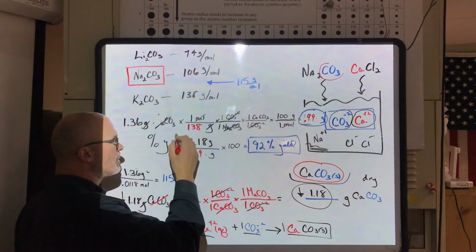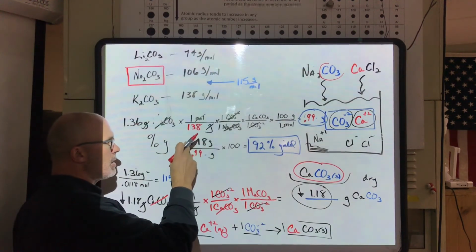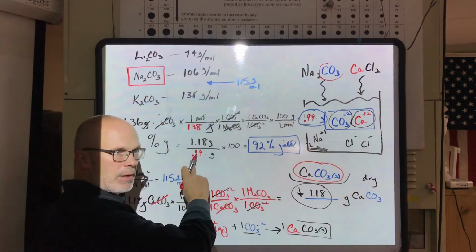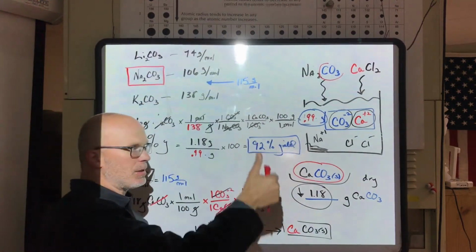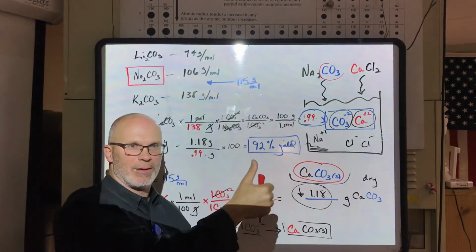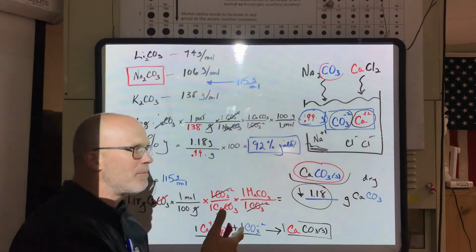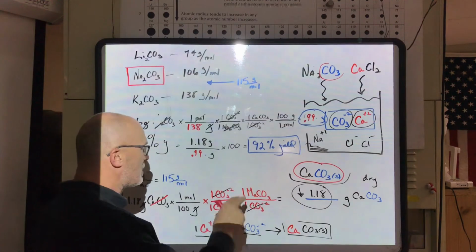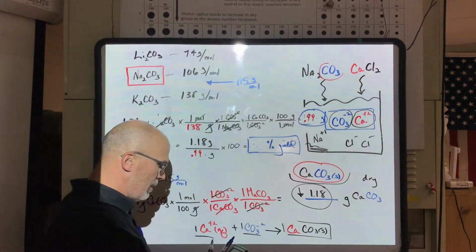Oh my gosh, you can clearly see experimentally you have more than is theoretically possible. Your percent yield is going to be way above 100. That doesn't support this lab, assuming we had a dried compound. All right, so that percent yield, if we were to do it, okay, it would be over 100.